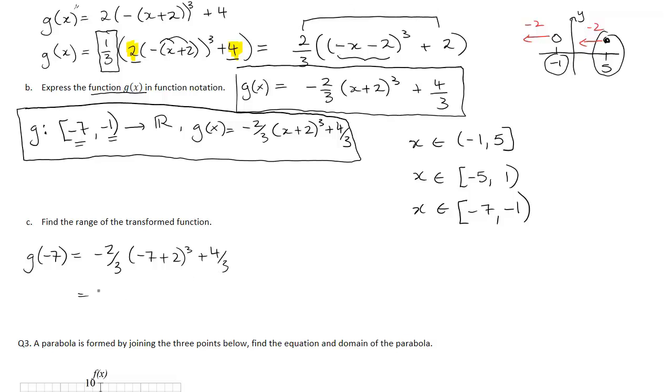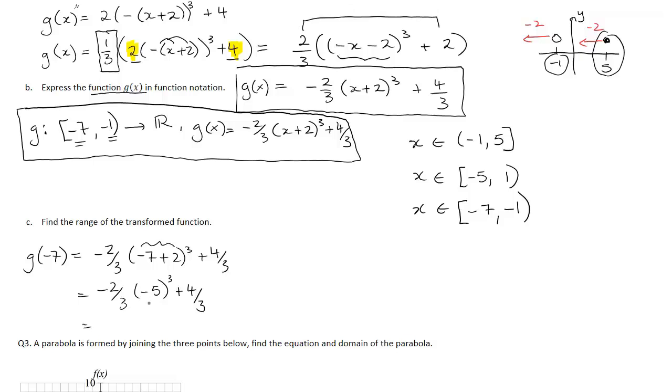That's going to be -2/3 times this part, which is -5 cubed, plus 4/3. So you can work out that value there, which is going to take a long time.